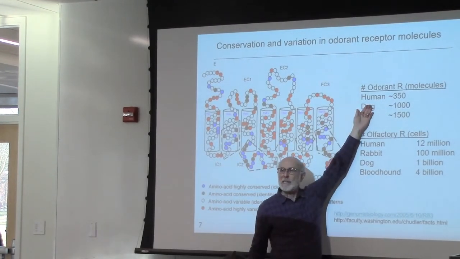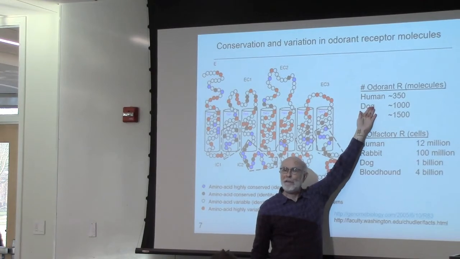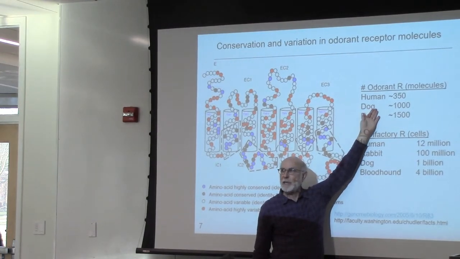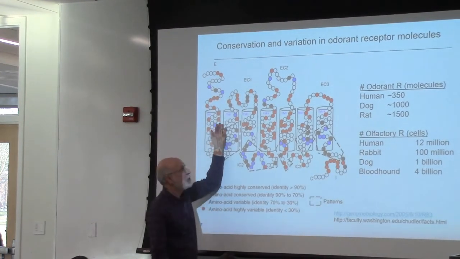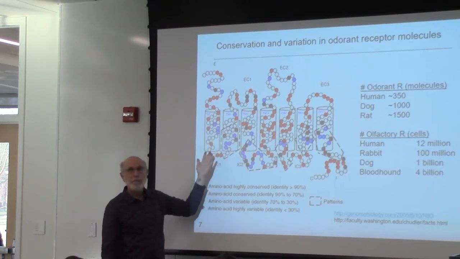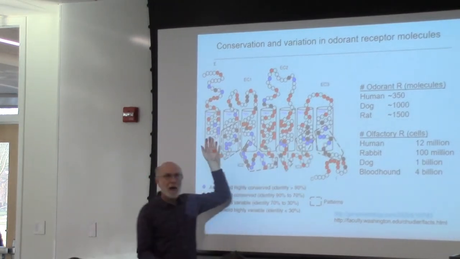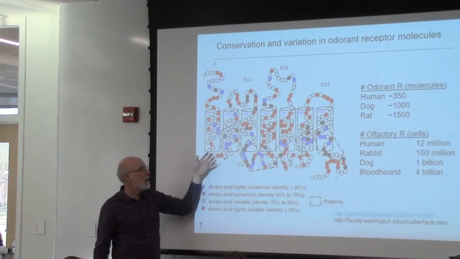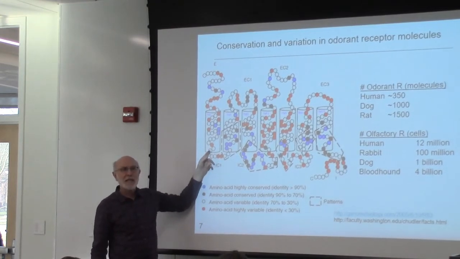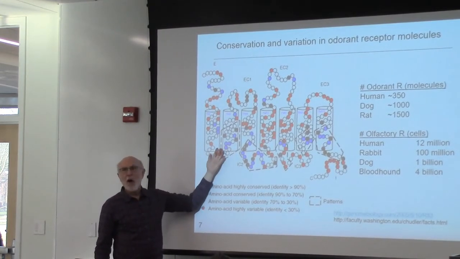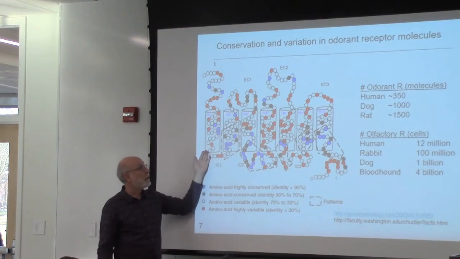Humans express something like 350 different olfactory receptors. So here's a cartoon of the GPCR. 1, 2, 3, 4, 5, 6, 7. This is the model with 7 transmembrane helices, with each of the amino acids in the receptor drawn as a circle, some of which are colored and some of which are not.